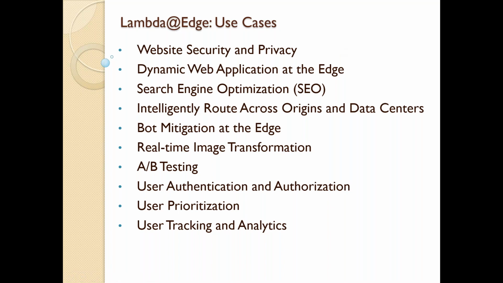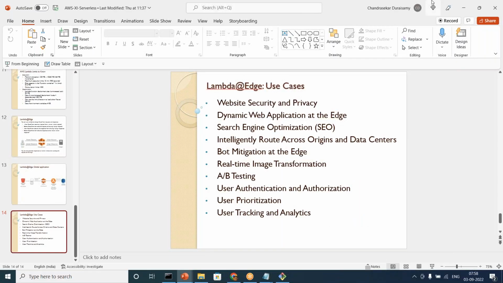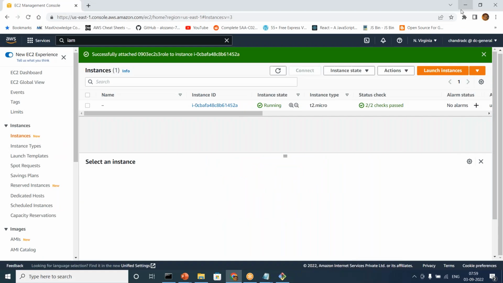Some of the Lambda at edge use cases: you can have a dynamic website, web application, bot mitigation, real-time image transformations, tracking analytics, authentication, and authorization. All those things can be done using a Lambda function. Now let's get into the console and see what a Lambda function is and how we create it, right?